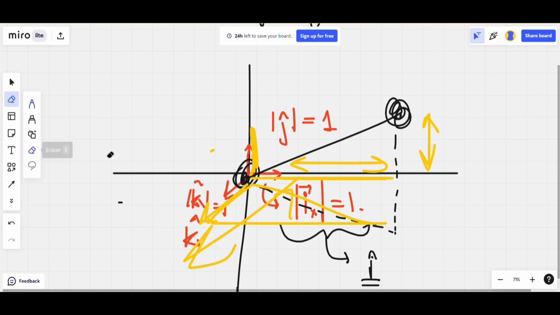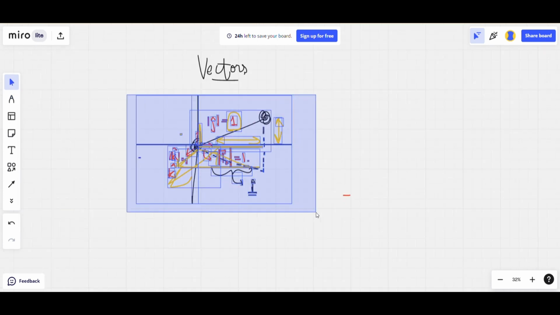To better understand this motion of the body, we use unit vectors because their magnitude is 1, so it's easier to calculate, understand and describe the motion of such a body. That is why we brought out the concept of unit vectors.